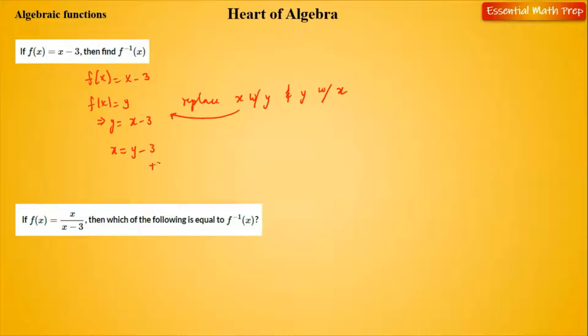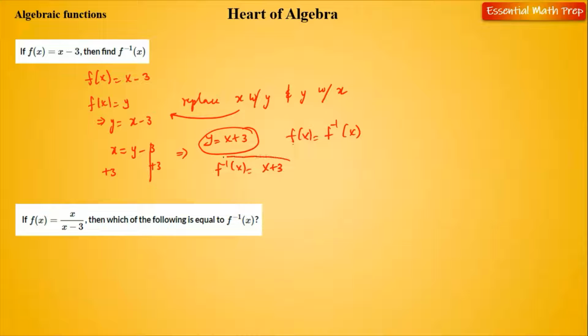If you add 3 on both sides, it implies y equals x plus 3. Replace y again with f inverse of x. That means if y equals f of x, then y equals f inverse of x. So f inverse of x equals x plus 3. Does that make sense?